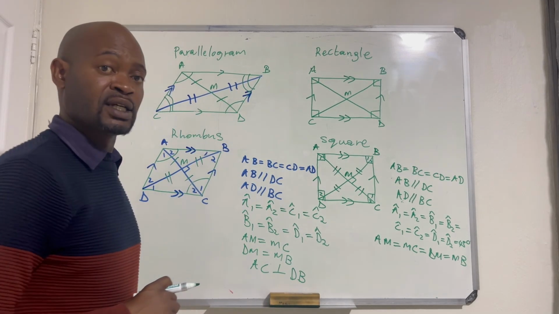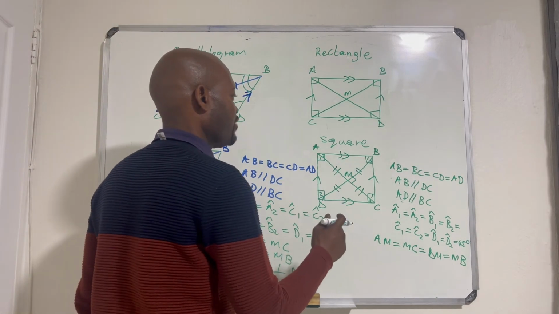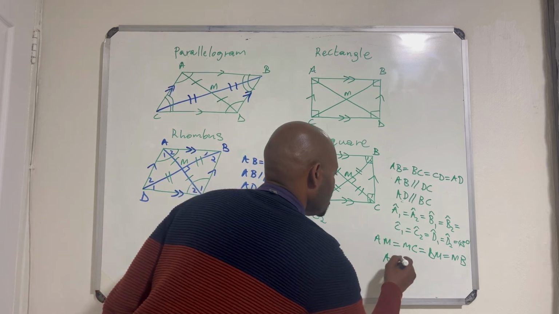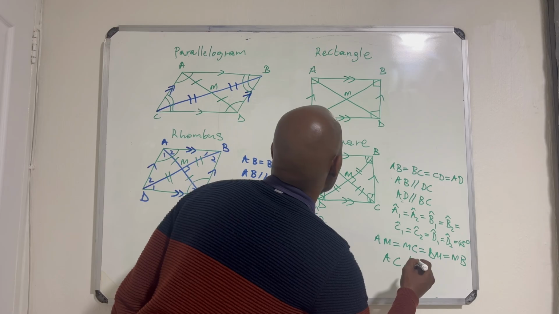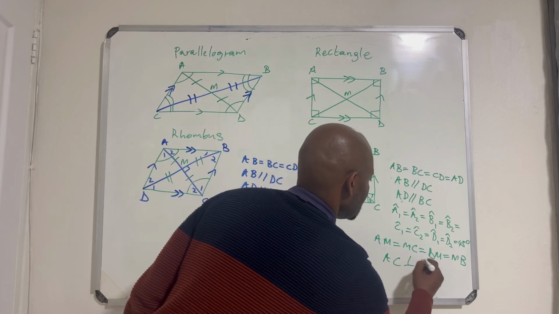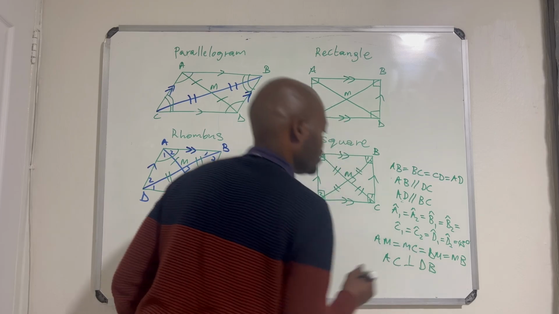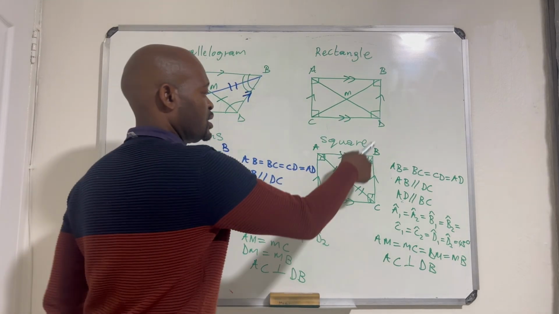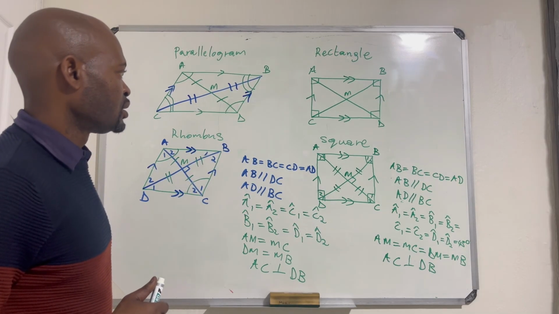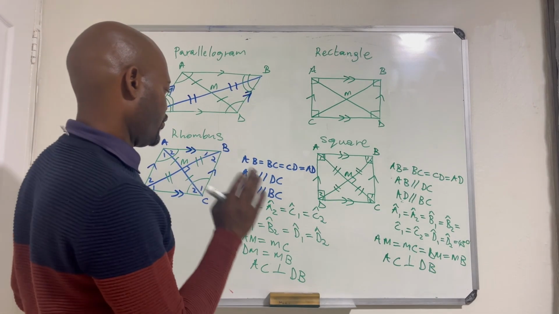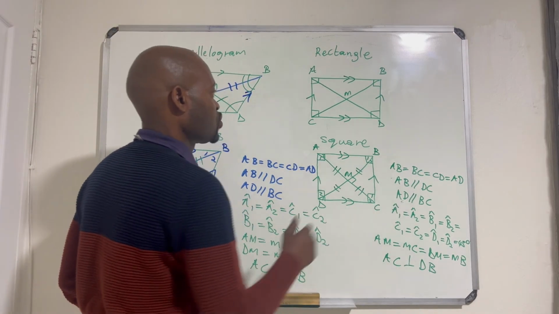Diagonals bisect each other equally at 90 degrees. Therefore, AC is perpendicular to DB. Therefore, diagonals bisect each other perpendicularly. These are the properties of a square.